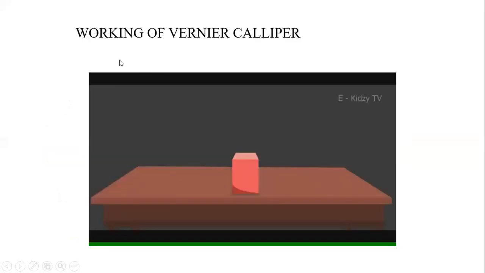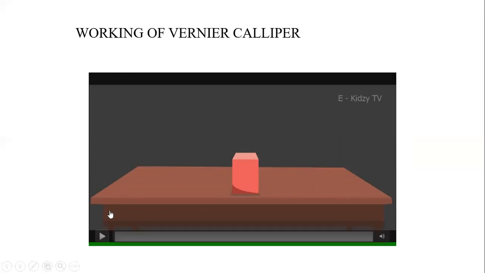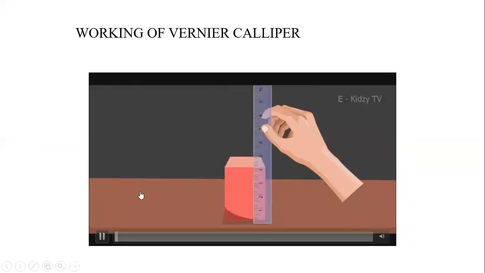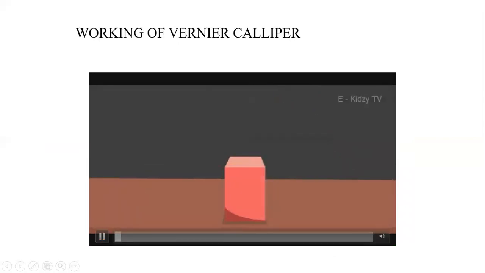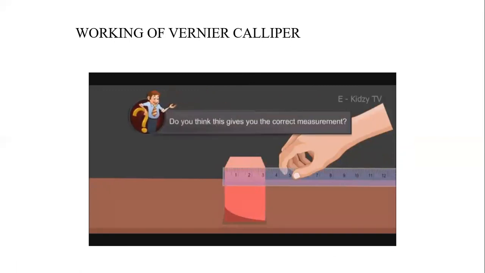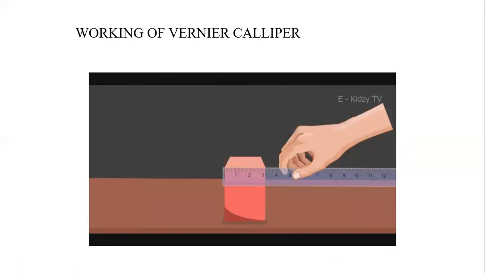To see the working of the vernier caliper, have a look at a video. You use a ruler or a scale to measure the length or breadth of an object. Do you think this gives you the correct measurement? However, sometimes you may not get the correct measurement.